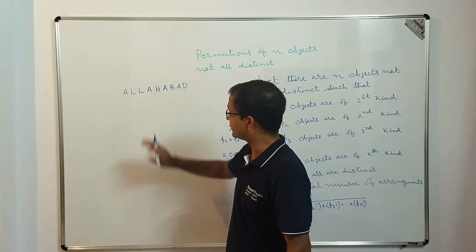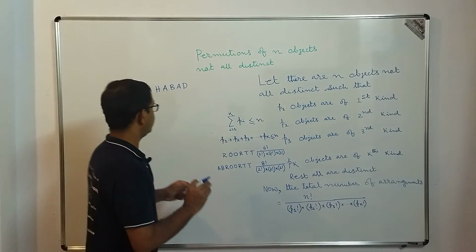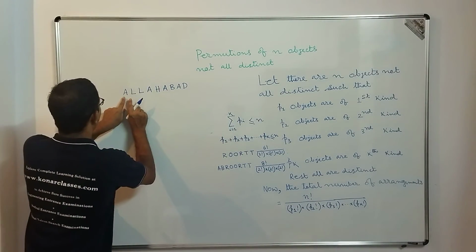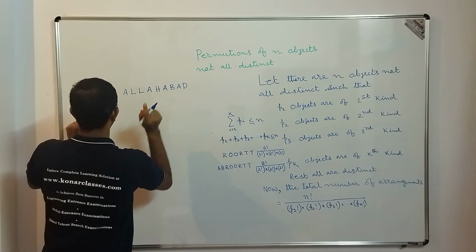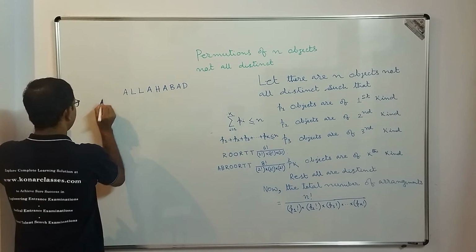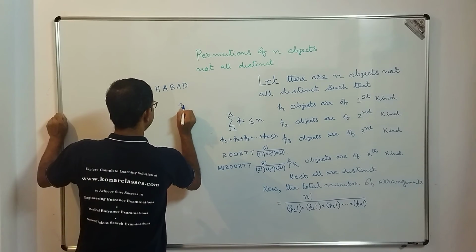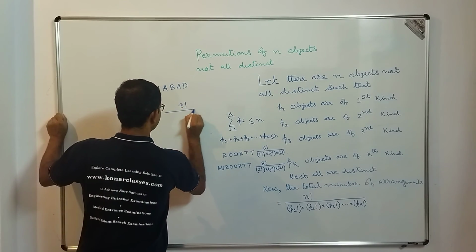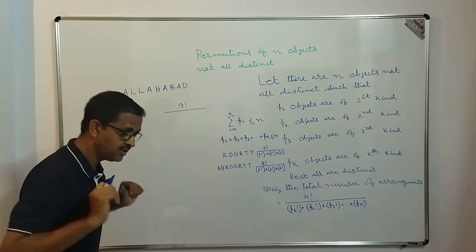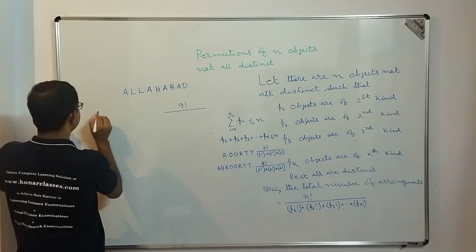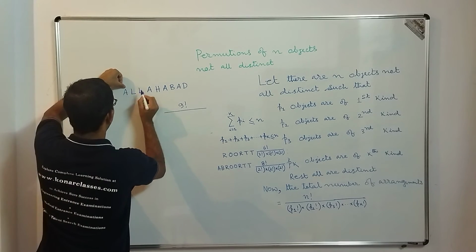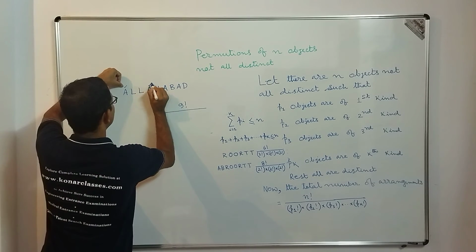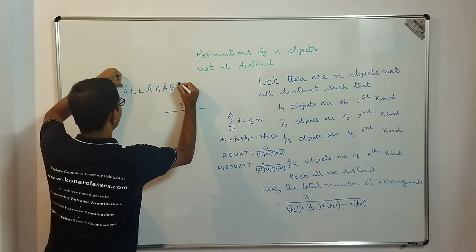Now here we see, dear students, how many letters are there? 1, 2, 3, 4, 5, 6, 7, 8, 9. So in the numerator, it has to be 9 factorial. That is certain. After that, let us see how many times the letter A came. 1, 2, 3, 4.